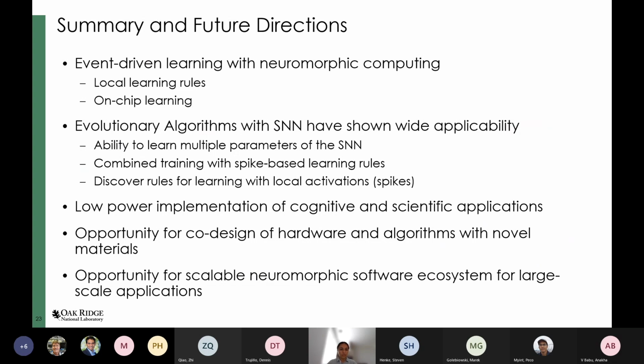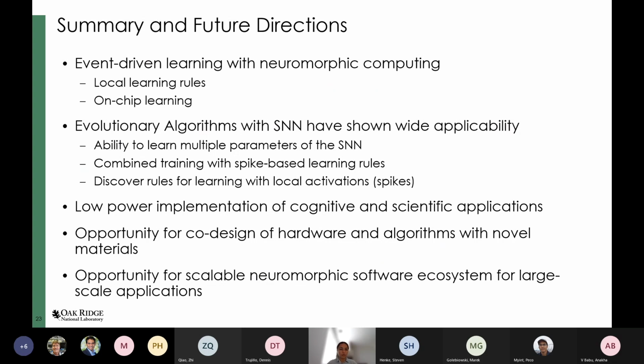So there is great potential for broadening the applicability of such evolutionary algorithms with SNNs, and we also saw that there is scope to implement a lot of these cognitive and scientific applications with spiking neural networks on low power neuromorphic hardware.